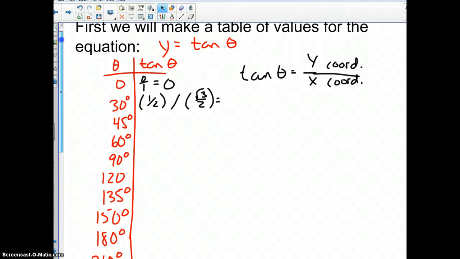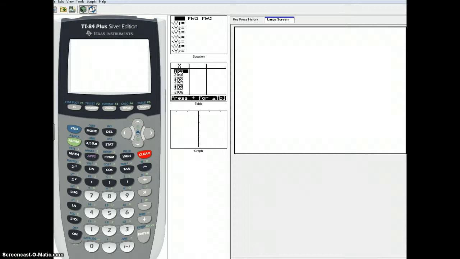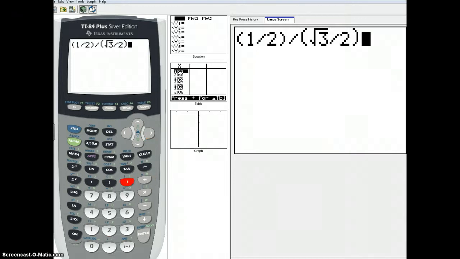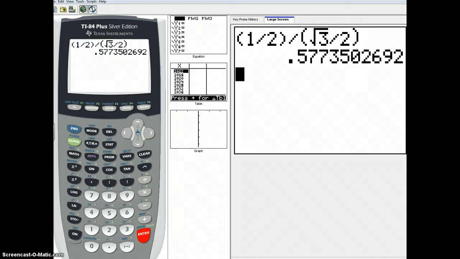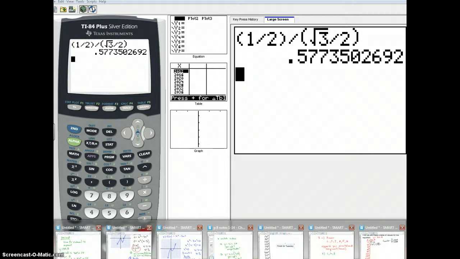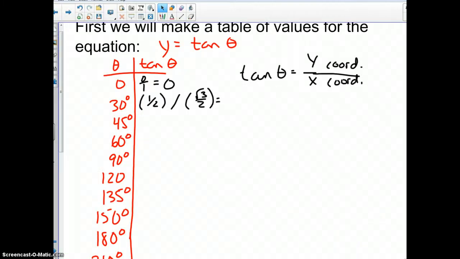On your calculator, I'm using the parentheses because that's the way to make sure this calculates correctly. 1 divided by 2, and then we're going to divide that by, in parentheses again, the square root of 3 divided by 2. When you hit this, it's going to be about 0.58.